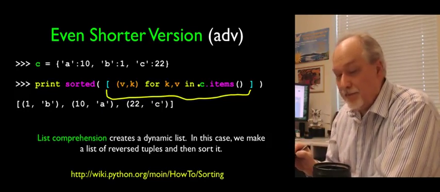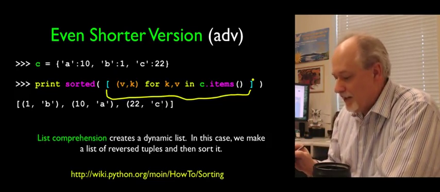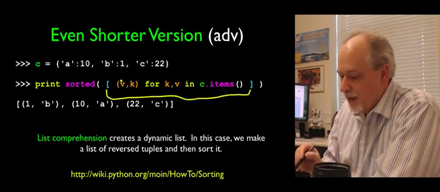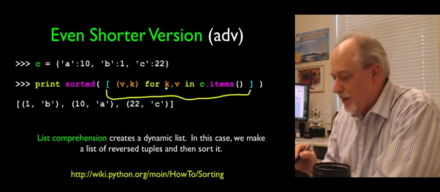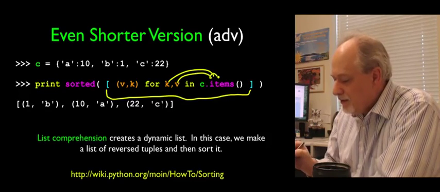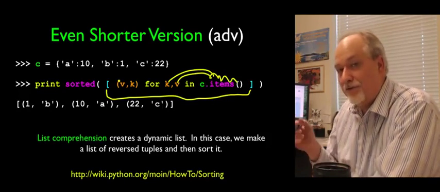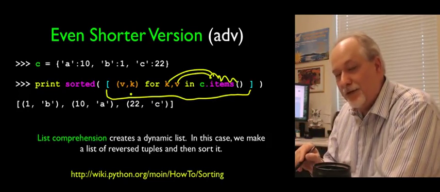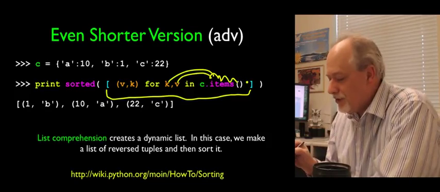But this is Python syntax that says construct dynamically a list of tuples v, k, and loop through the items with k and v taking on the successive values. So this is creating that reversed list where value and key are the order of the items in each tuple.